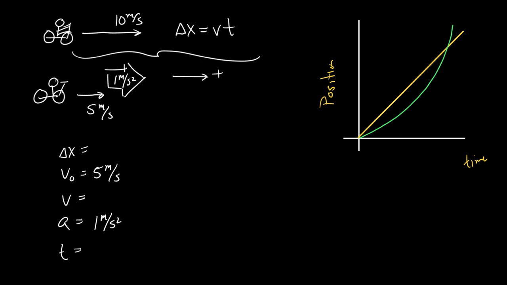Cyclist number 1 has a relationship between displacement and time that looks like that. Their displacement equals 10 times the time because they're going 10 meters for every second. They have displacement and time as variables in their function.